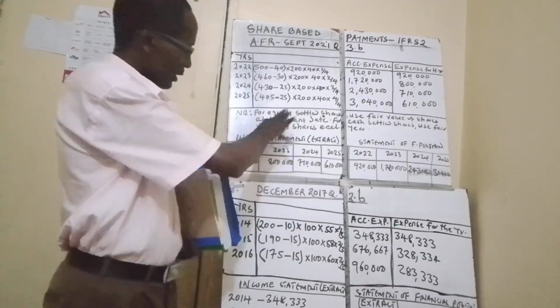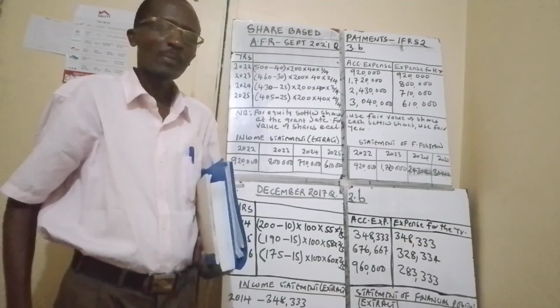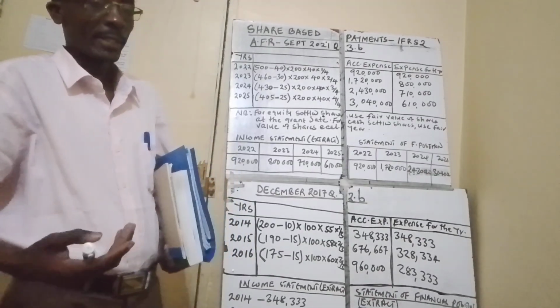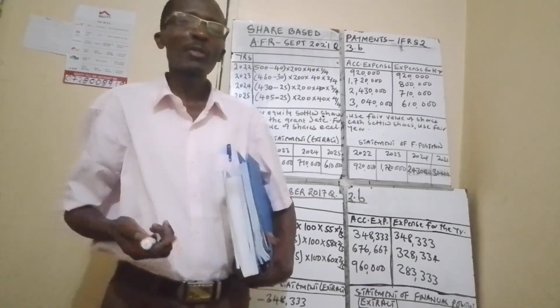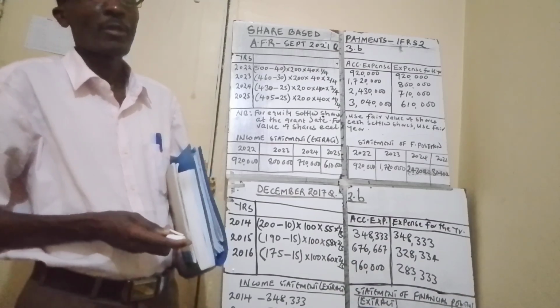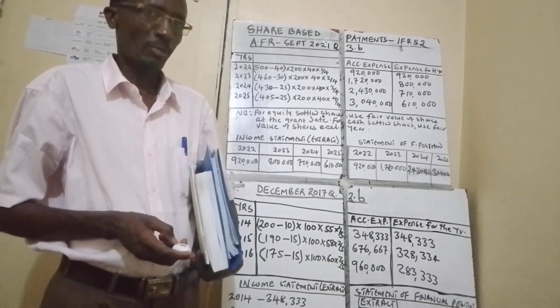So try to see what I've tried to do here, because as I told you, chapter 1 is not a complicated area. The areas which are a little bit complicated, which require you to spend much time, are in chapter 2, which has to do with group accounts, including group cash flow statements.